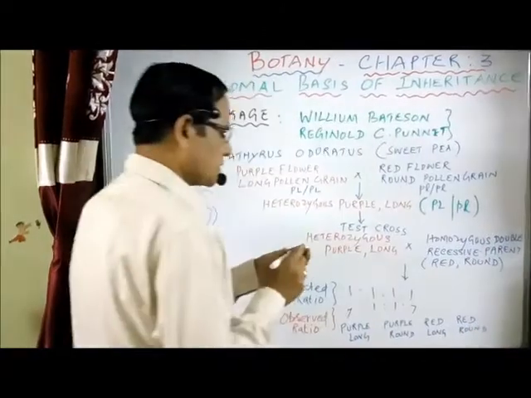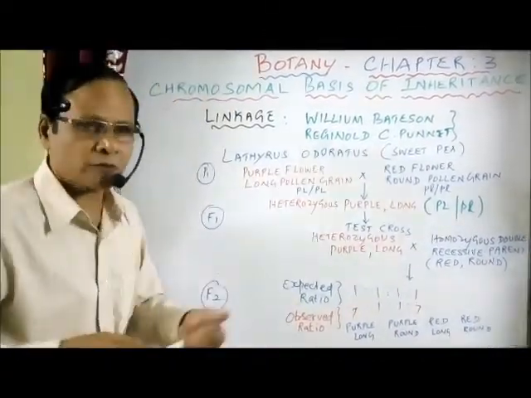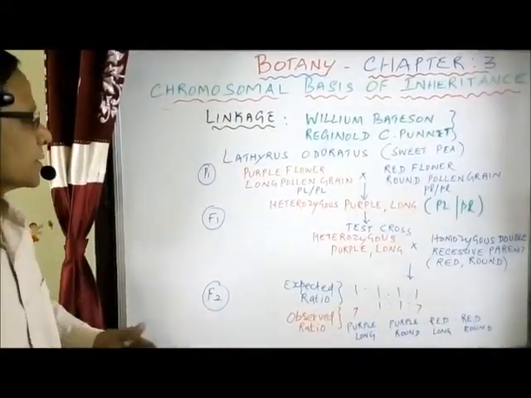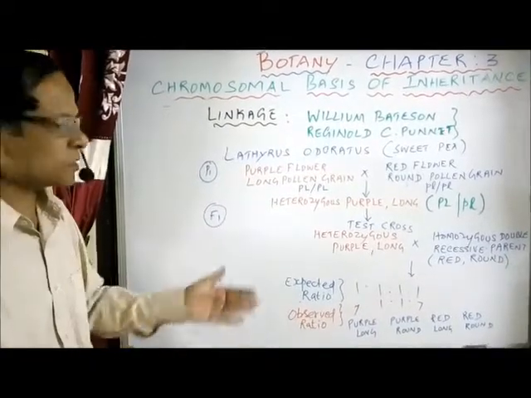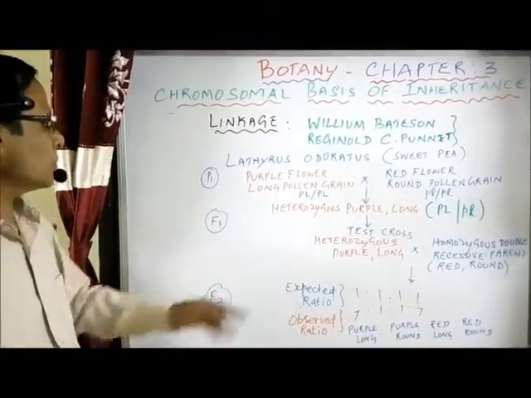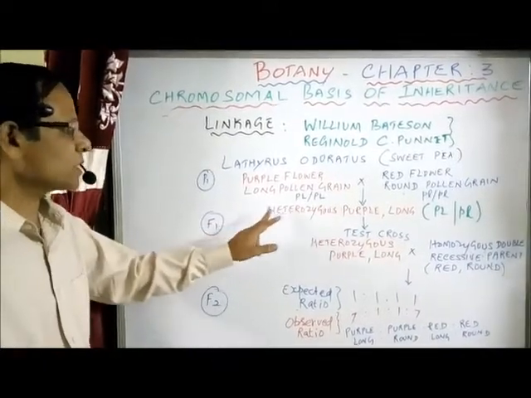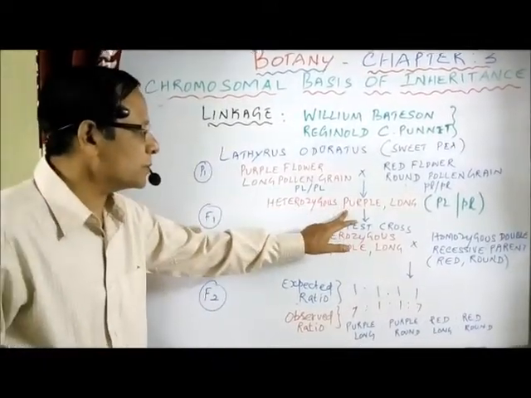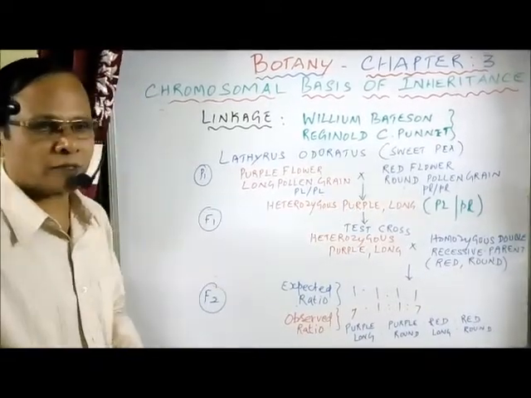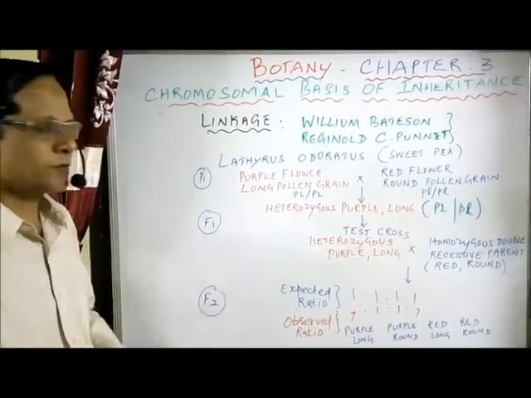This is a heterozygous genotype. We will discuss it later. We have a separate topic for linkage. I have given only a simple one, what is not given in the book. So all the progenies obtained in the F1 generation had purple flower color with a long pollen grain, but it is a heterozygous individual.